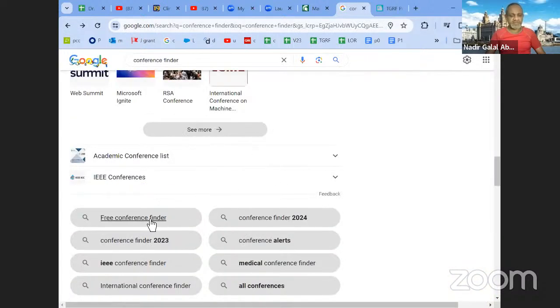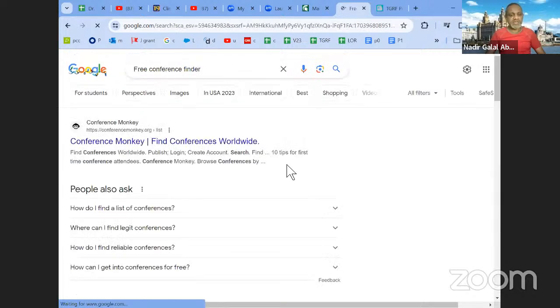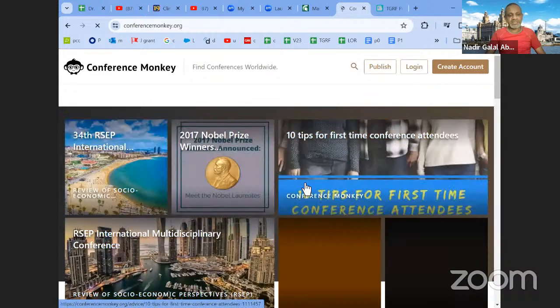You can find just anyone, basically. So you can have a list of all the conferences, either displayed by the dates, like in June will be this, in August will be this, or you can identify by the location.